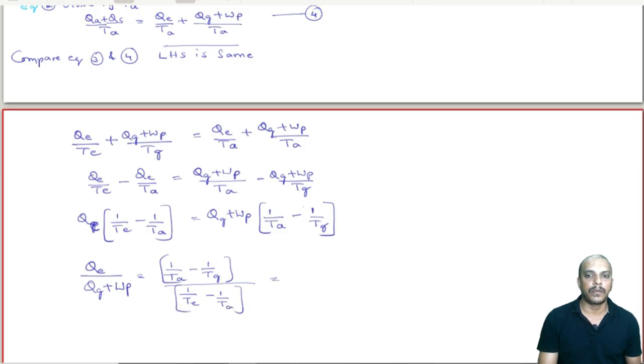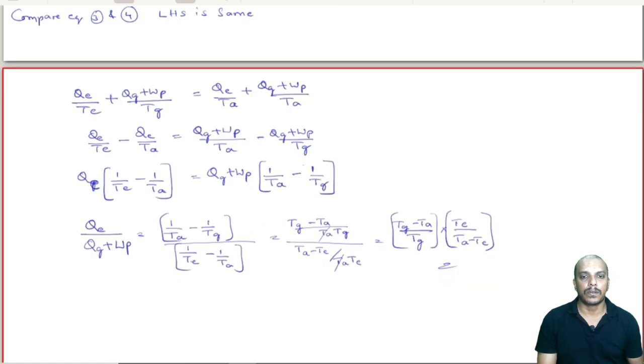Now, this can be further written as TG minus TA divided by TA TG, divided by TA minus TE divided by TA TE. Now, TA TA cancels out. We can say that this will be TG minus TA by TG, and this will go here as TE divided by TA minus TE, and that is what COP is.